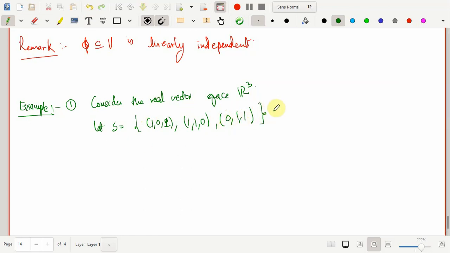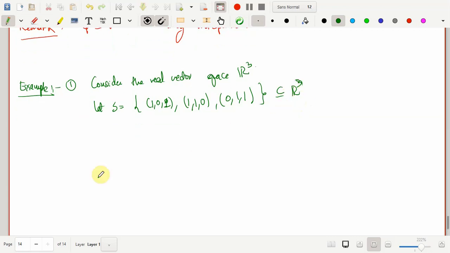So this is S, a subset of R3, because it contains elements of R3. In this case I'll take v1 to be the vector (1, 0, 1), v2 to be the vector (1, 1, 0), and v3 to be equal to (0, 1, 1).